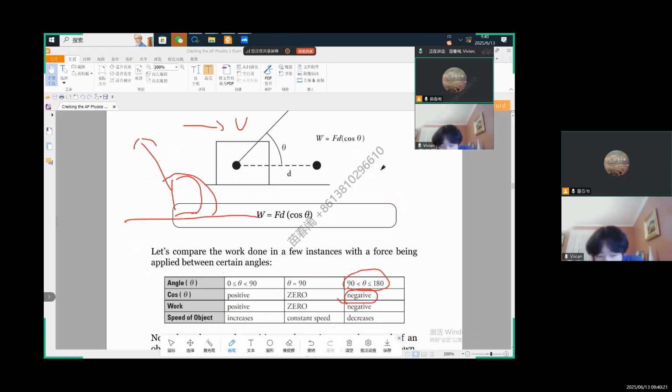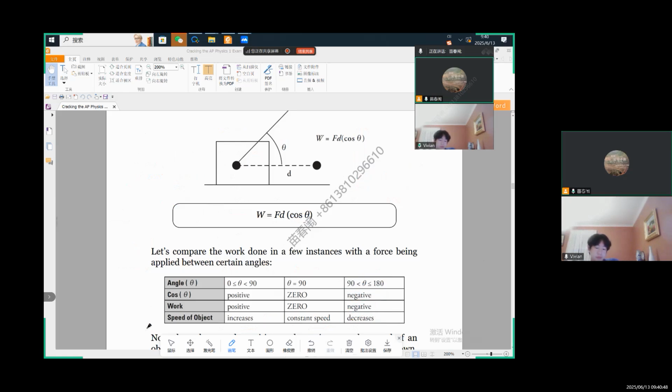Because for example cos 120 is negative, and the work is also negative. So this is when negative work happens, because your force is somehow preventing the motion, and so it's decreasing the velocity. Is that making sense?